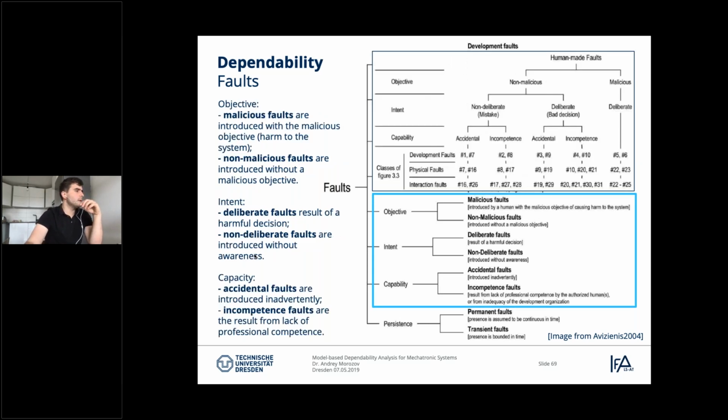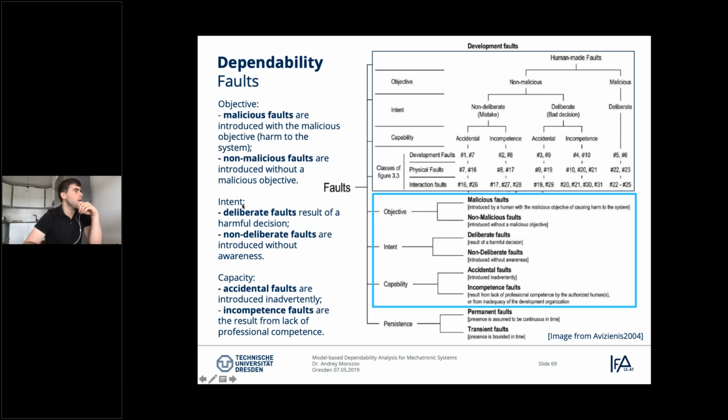The next group is also a little bit tricky, and there is another special table explaining this. The guys really try to classify everything which is possible to classify. So, three categories: objective, intent, capability. According to the objective, it could be malicious faults and non-malicious. Malicious faults are introduced with a malicious objective. Let's say I'm introducing this fault to harm the system.